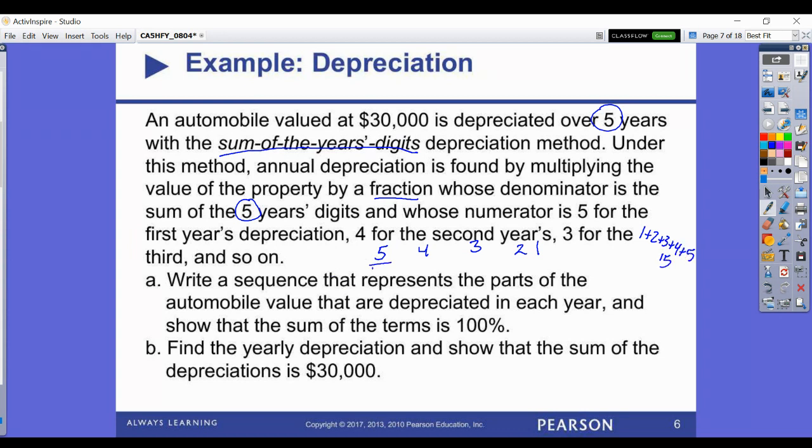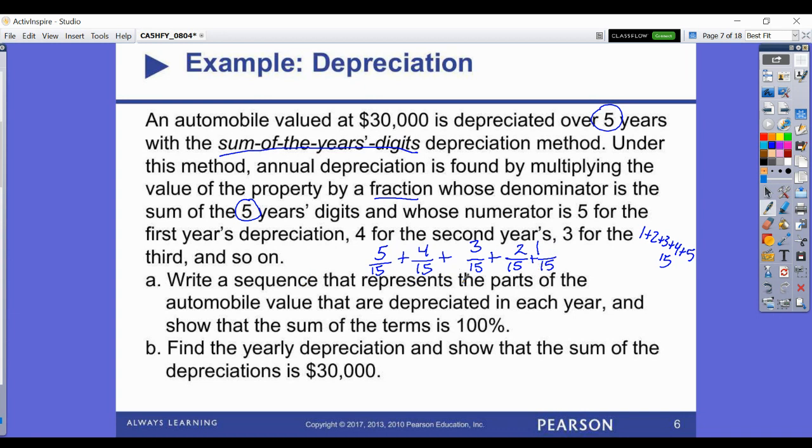So if I do 5 fifteenths, 4 fifteenths, 3 fifteenths, 2 fifteenths, and 1 fifteenth, and I add all of these up, I'll get 15 fifteenths, which is 100%. So basically I'm taking my item and depreciating it. Because this is 5 fifteenths, I'm going to depreciate it a little higher the first year, and then it's going to go down and it'll only be depreciated a little bit at the end.